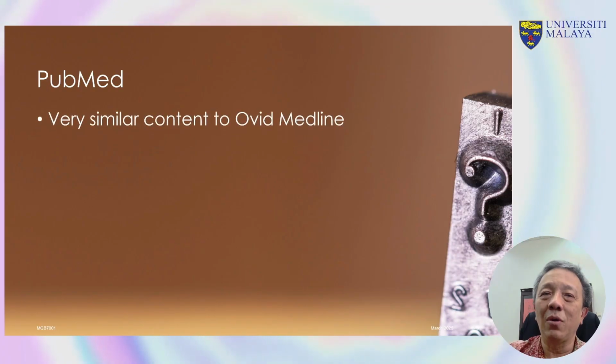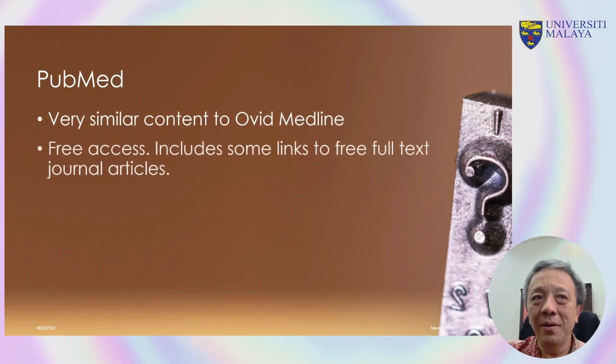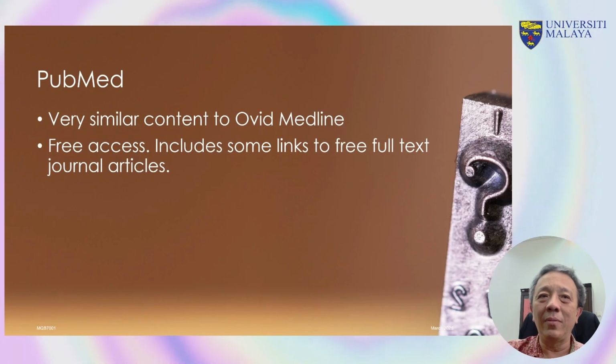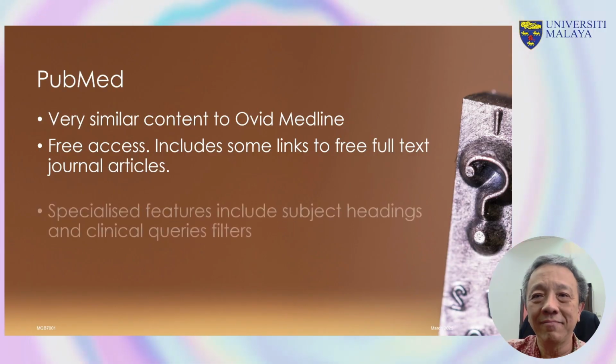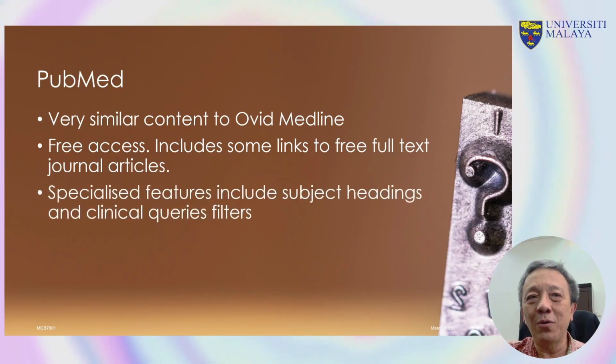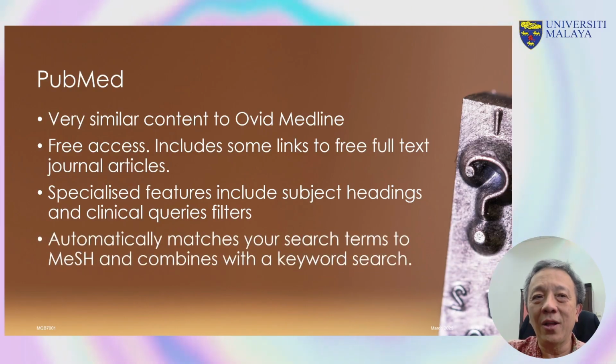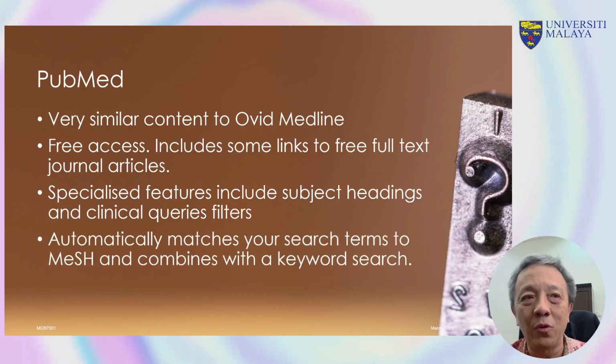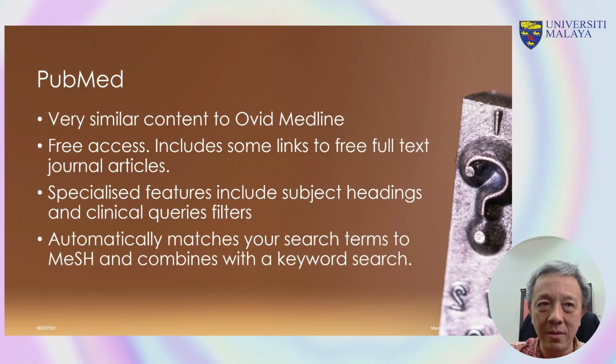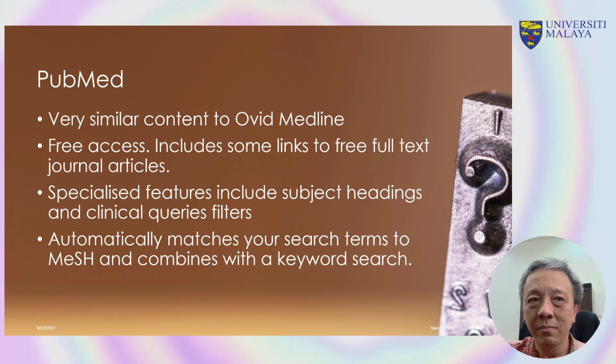Very similar content to Ovid MEDLINE, but it's free to access, and includes some links to free full-text journals. Specialized features include subject headings, clinical queries, filters, and it automatically matches your search terms to MeSH and combines with a keyword search.